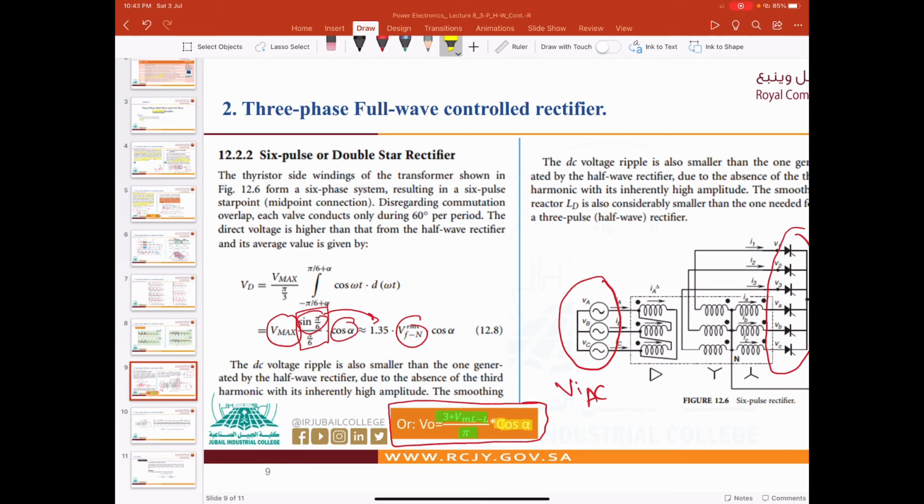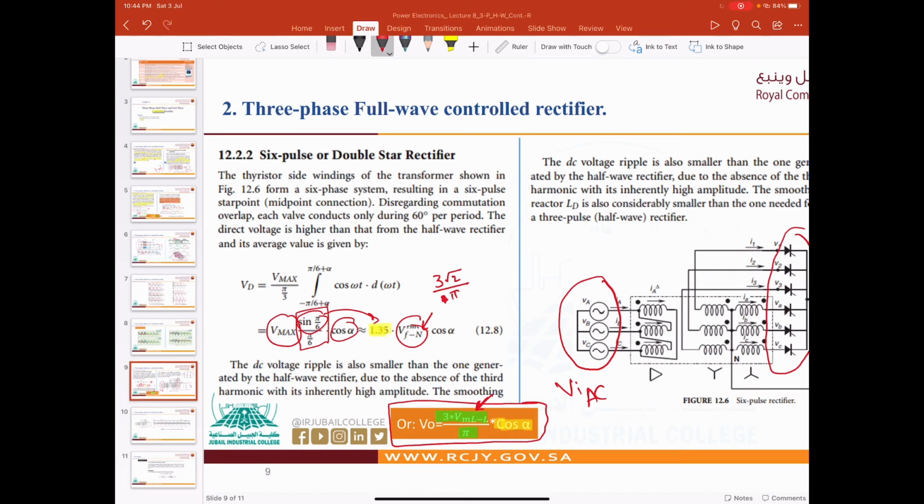Now in order to find this value, 1.35, the value here is like 3. Let me write it here: 3, because he's using line to neutral, and I'm using line to line, so we will multiply by root 2. So 3 multiply root 2 V line to neutral divided by pi, because we use 3 here.